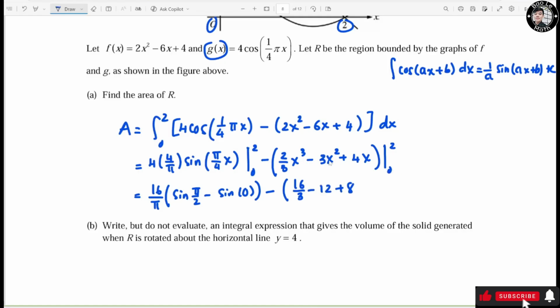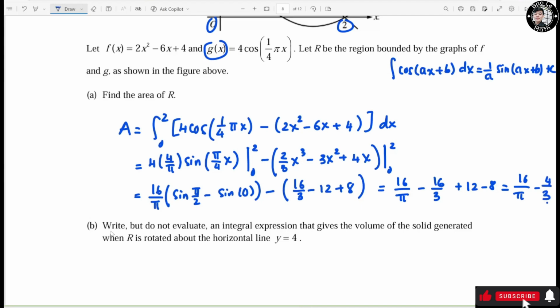And then substitute 0, it's 0. Now, sine pi over 2 equals 1, and sine 0 equals 0, so it's 16 over pi, subtract 16 over 3 plus 12 subtract 8. So the final answer should be 16 over pi minus 4 over 3.